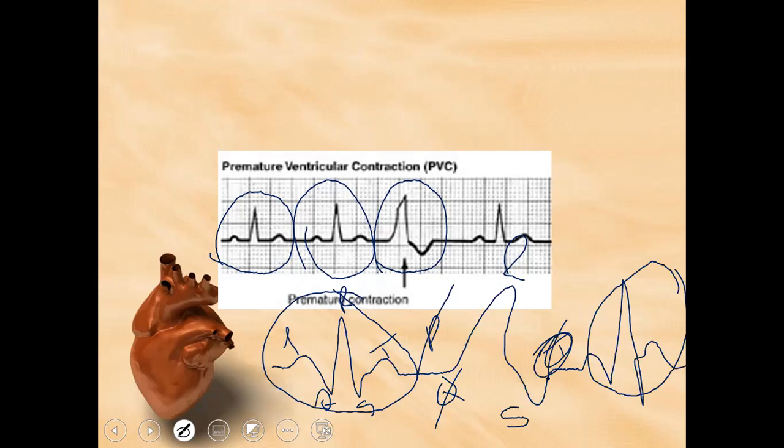For example, my dad was throwing PVCs one after another. What would happen is no atria contraction, and the ventricular contraction is not a nice strong one, it's like, look what I can do. And the atria are filling, look what I can do.